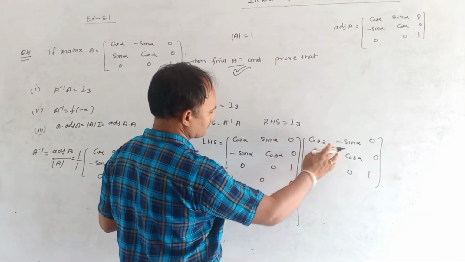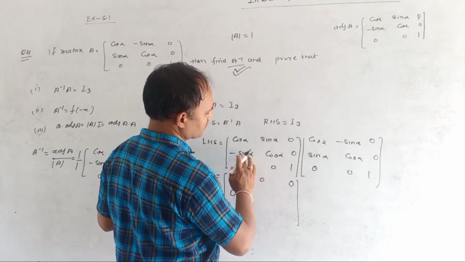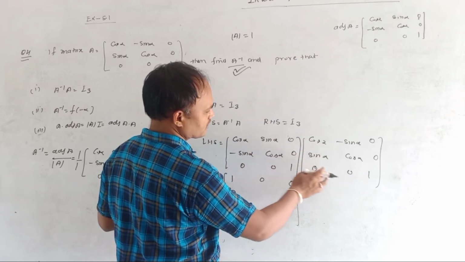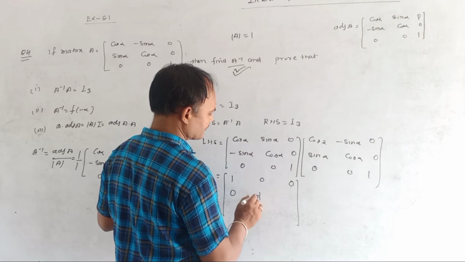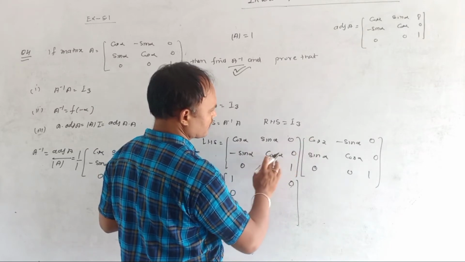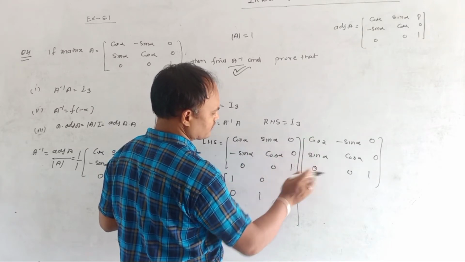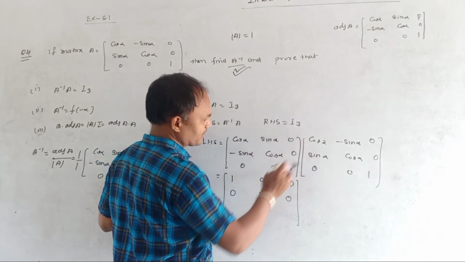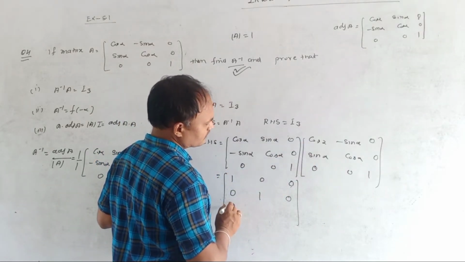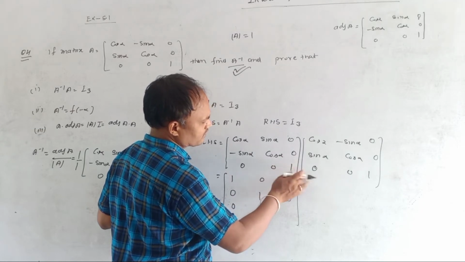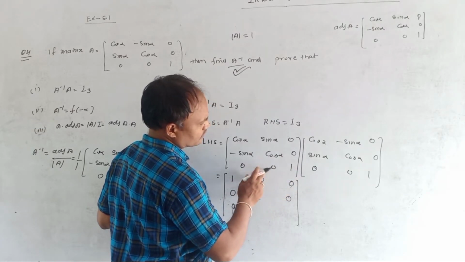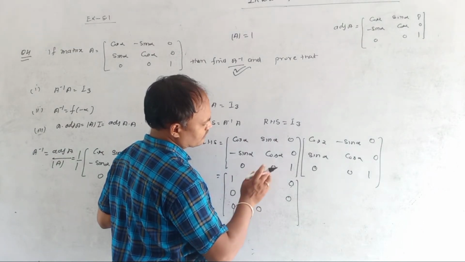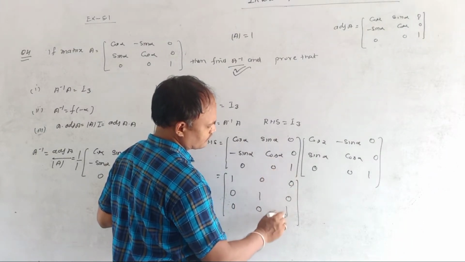Minus sin square alpha and minus minus plus, it is sin square alpha plus cos square alpha plus 0, so it is 1. Here it is 0, 0 and 0. What about here? 0 multiplied by cos alpha is 0, and the rest are 0, 0, 0, and 1.